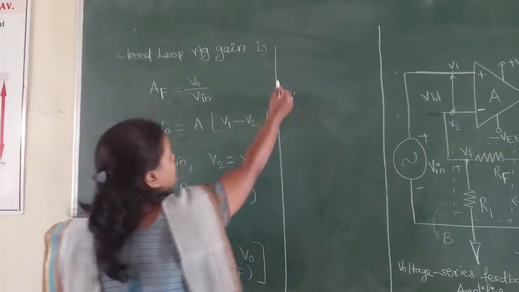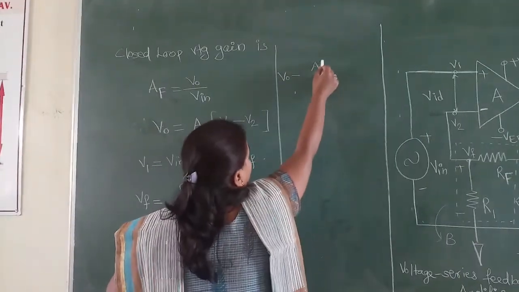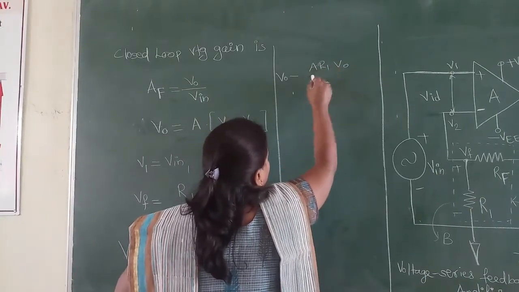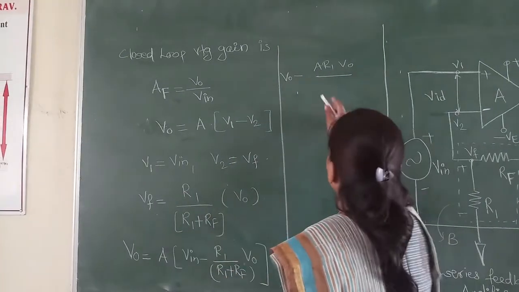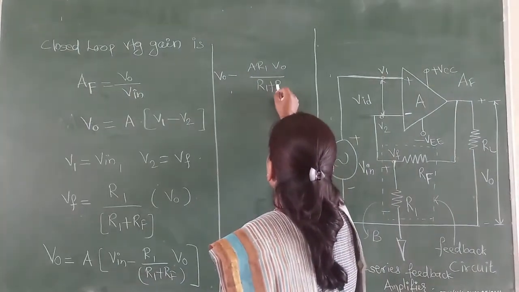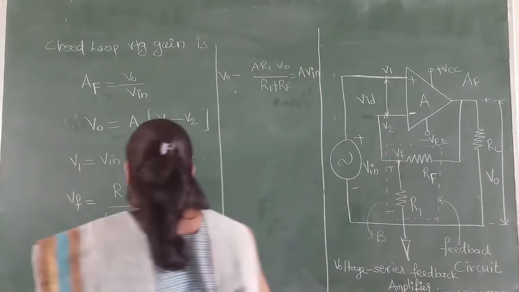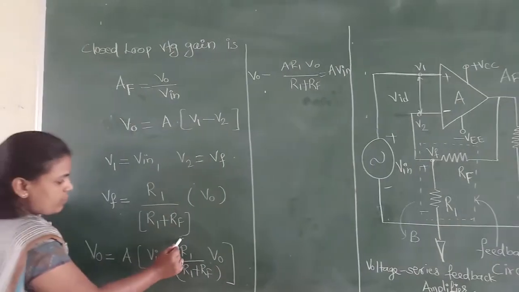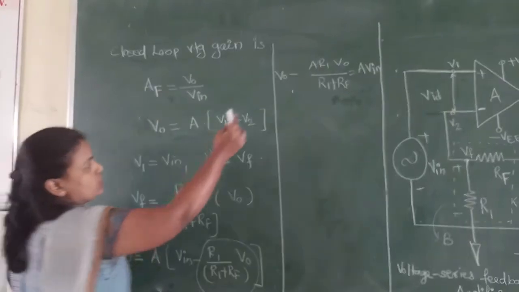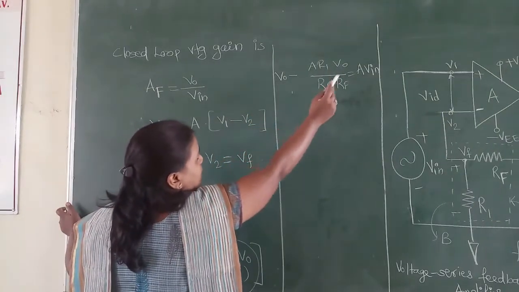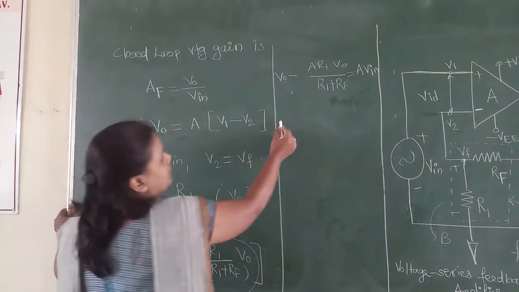So V0 minus A R1 into V0 divided by R1 plus RF is equal to A into Vin. Simply, the V0 term has been shifted to the left hand side.